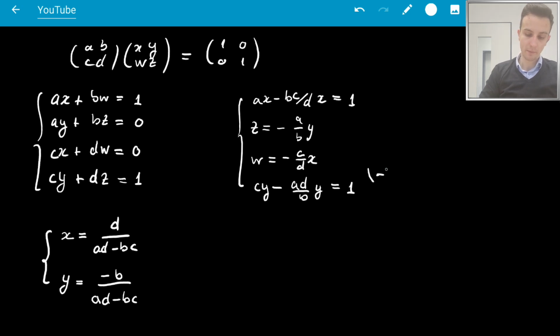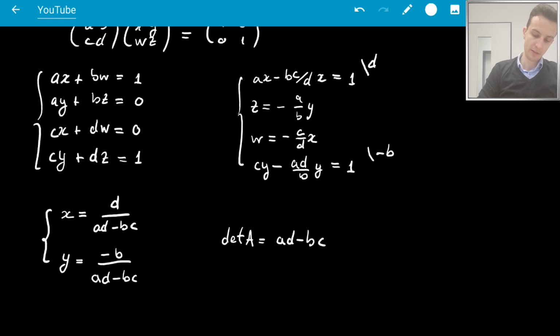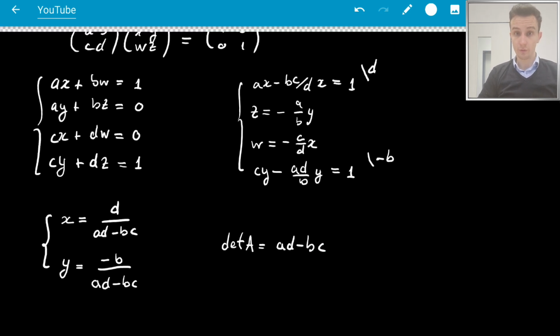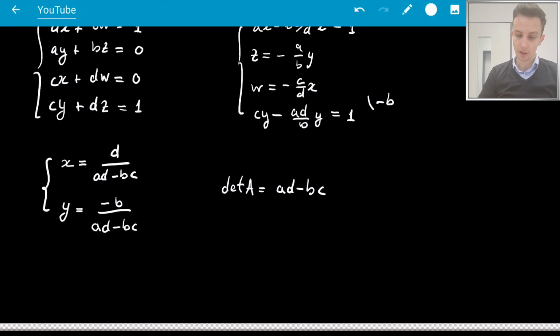So I multiplied by minus b here and multiplied by d here. Okay, so we can recognize that the determinant of A is precisely equal to ad minus bc. So we've retained the determinant in the denominator.